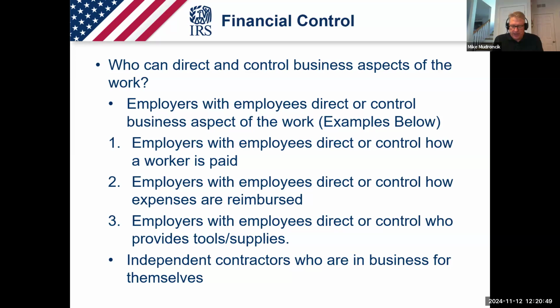So, for example, an employee who has an established salary with no opportunity to make a profit or suffer a loss in connection with the services they provide, that's an employer-employee relationship.